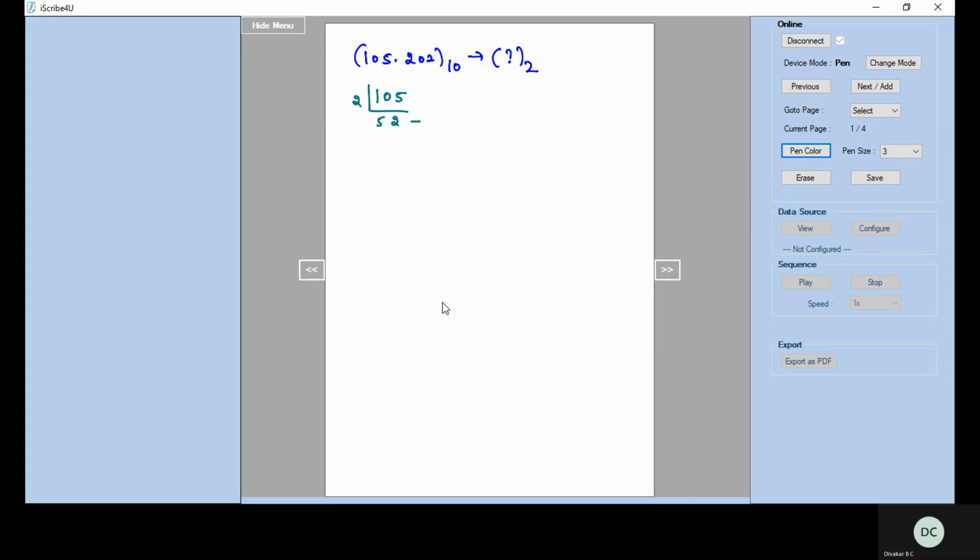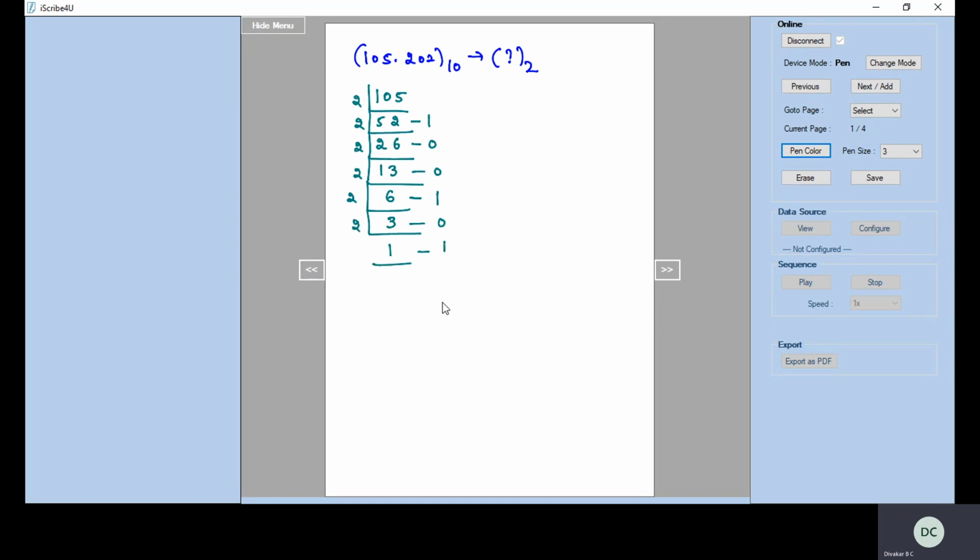52 twos, the remainder is 1. Again divide the number. 26, the remainder is 0. Again 13, the remainder is 0. 6, the remainder is 1. 3, the remainder is 0. Again 1, the remainder is 1.